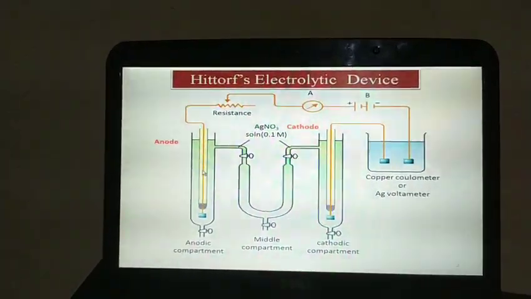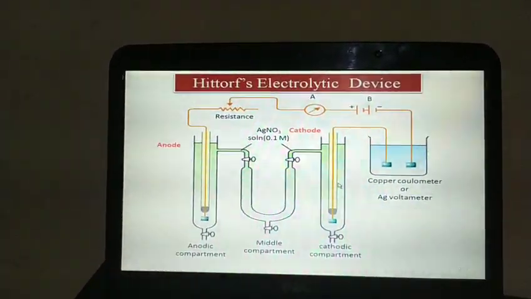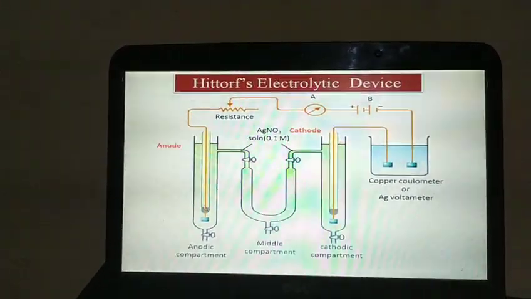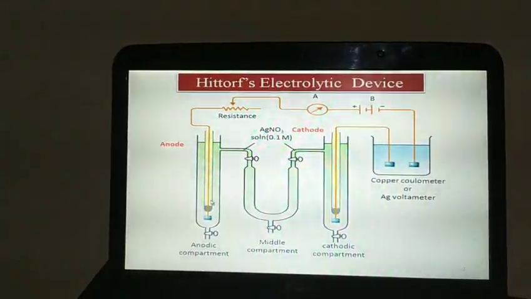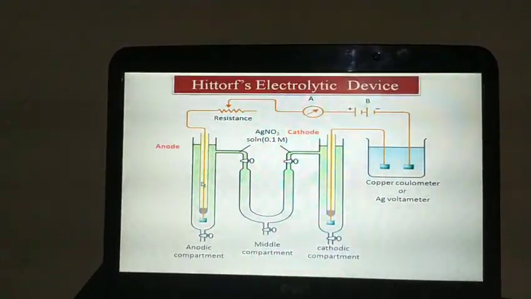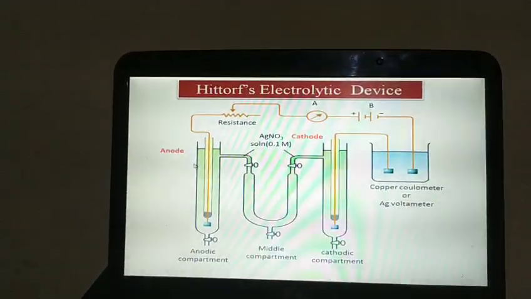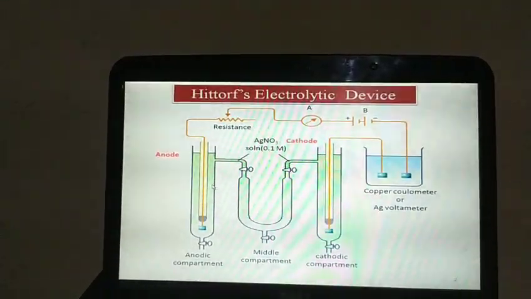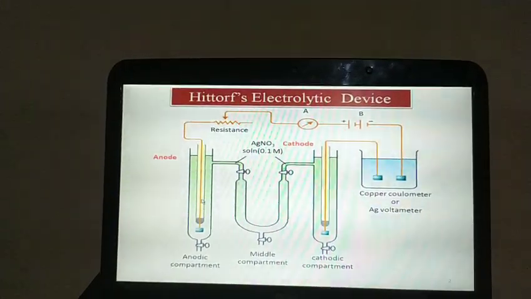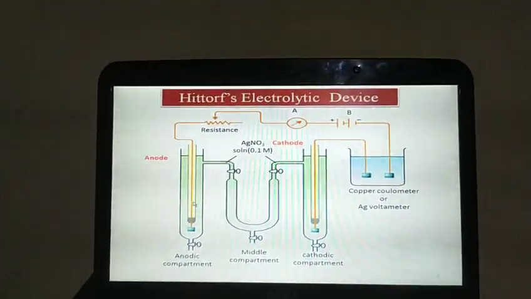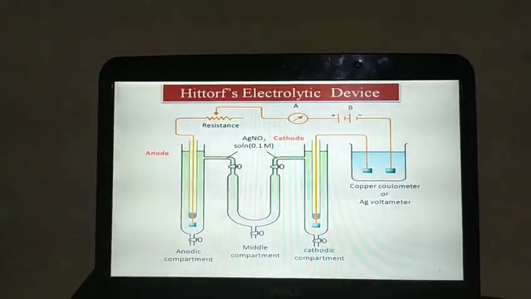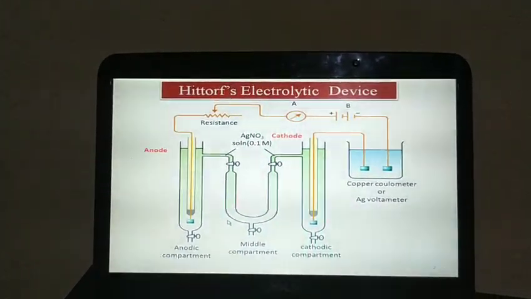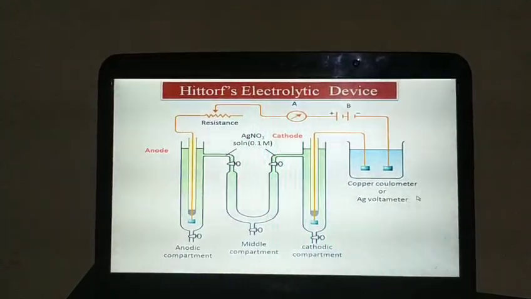If platinum is used as anode and cathode, it is an unattackable electrode, so NO3 minus present in the solution will not react with the platinum metal. In the second case, if you use silver metal as anode and cathode, silver reacts with NO3 minus ions present in the solution, and the conditions are different here. But we are discussing case 1, where both anode and cathode are platinum.